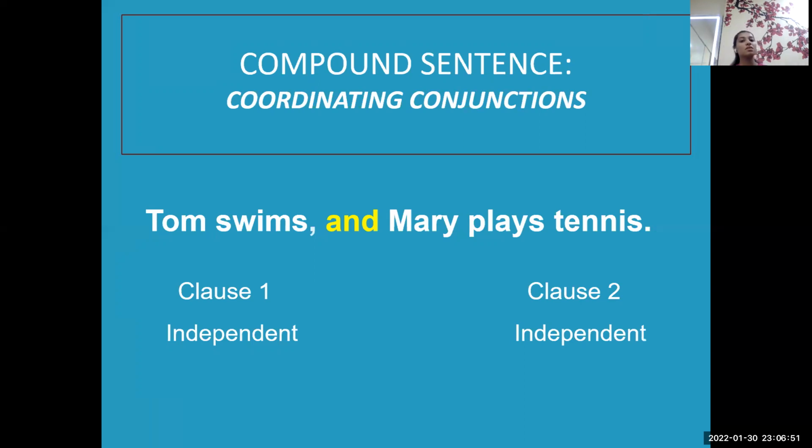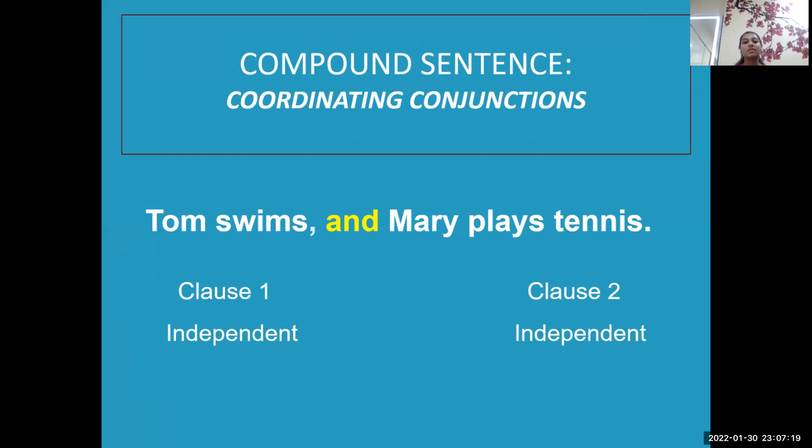If I say Tom swims, it is still a valid sentence, and you can call it a simple sentence. Same for Mary plays tennis. It will still be understood as a proper sentence of its own. It wouldn't require a coordinating conjunction or any other part to make sense.